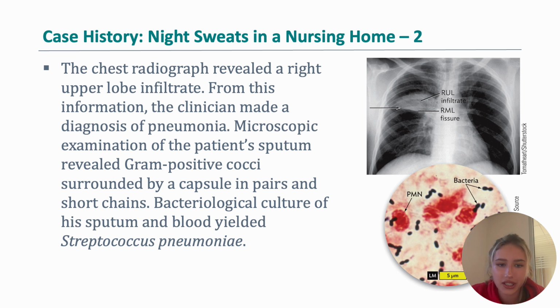Bacteriological culture of his sputum and blood showed that the specific bacteria found within this sample was Streptococcus pneumoniae, which, as we saw in the data model earlier, was the number one leading cause of lower respiratory bacterial infections.